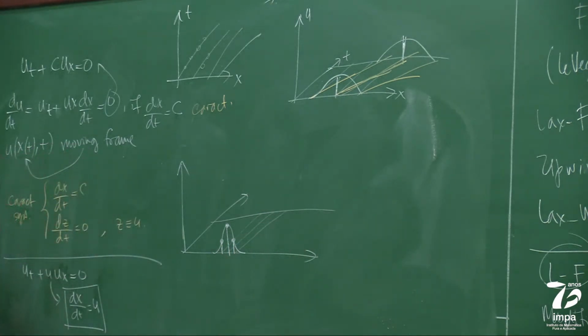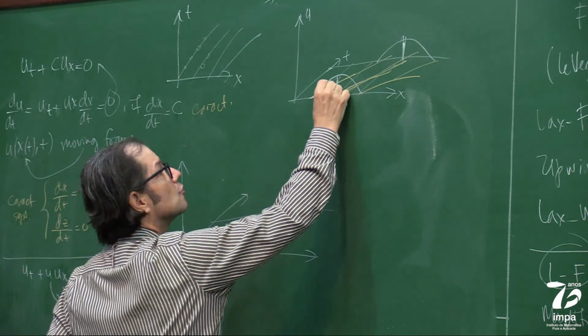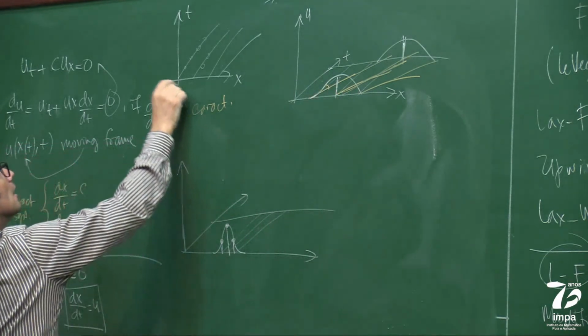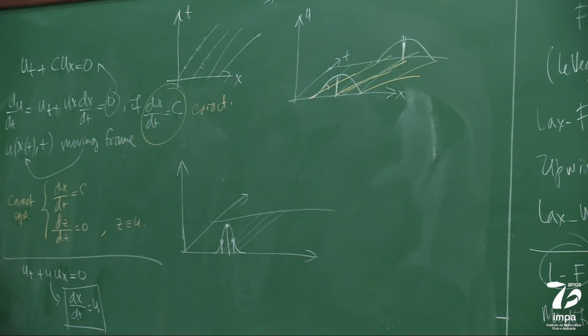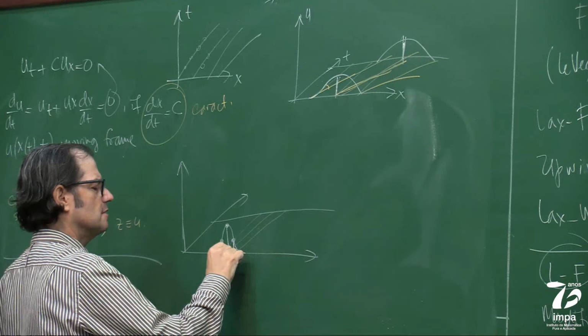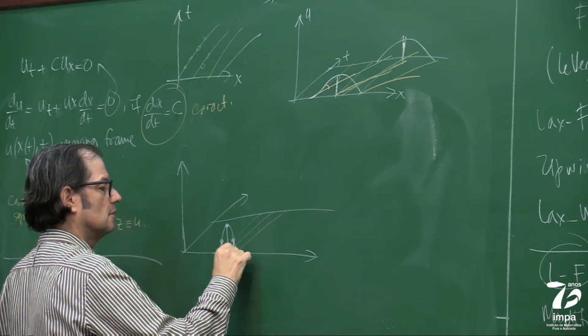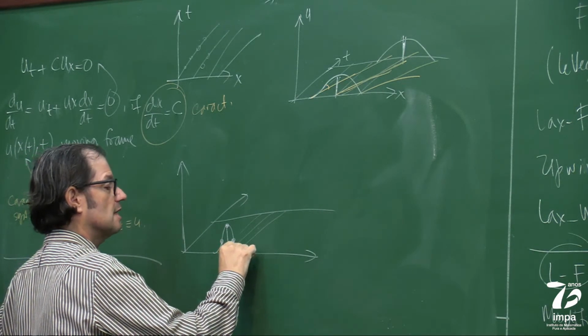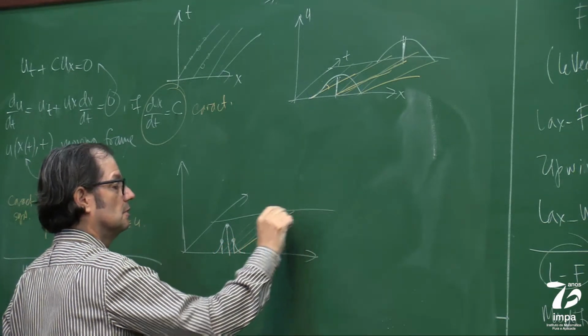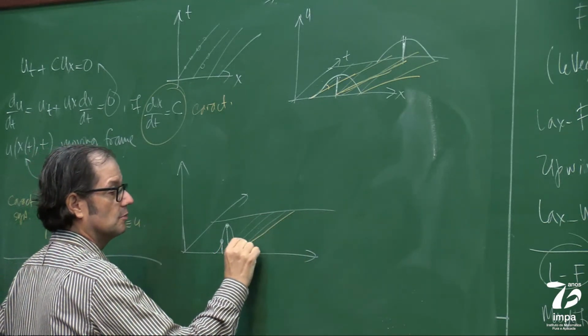But look what happens now. Here, this slope, dx/dt, was constant. But now, the slope is variable and depends on the size of the wave. So this guy here has a not so big slope, but this guy here has a very big slope.